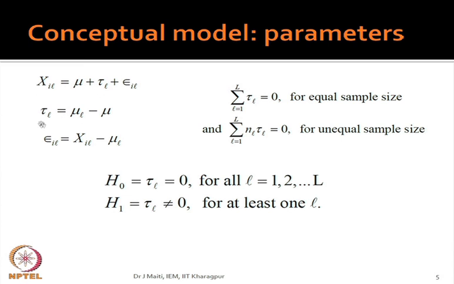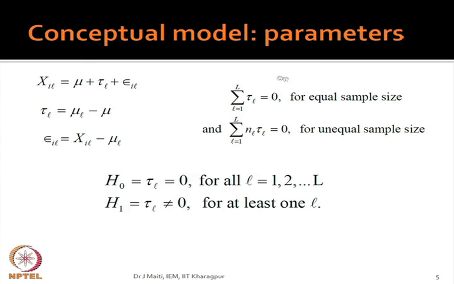And what is tau l? Tau l is the population effect, the lth population effect, which is also known as the treatment effect. So, this is mu l minus mu, that means the mean of the lth population minus the grand mean, and the other one, epsilon il, the error part, is calculated like this.